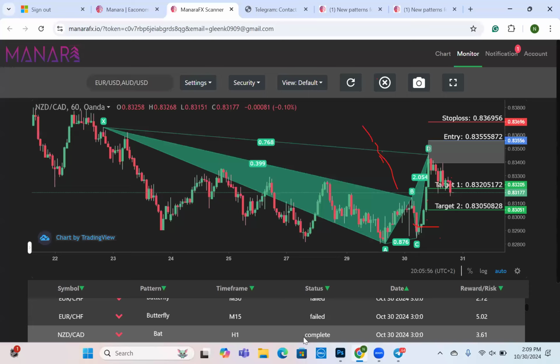But Manara has not updated that it is already successful, because Manara will say successful when the trade hits TP1 and TP2. But if I want to take this kind of trade, what will I do? I will set it on sell limits. When they say sell limit, it means that there's going to be a reversal of price to the entry point again, and then price starts moving back to where it is going to, right?